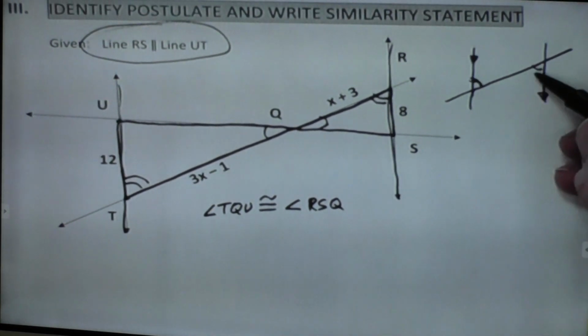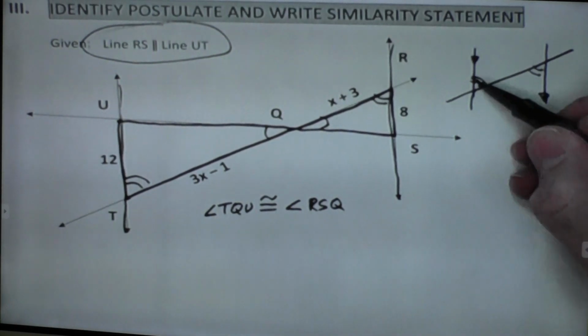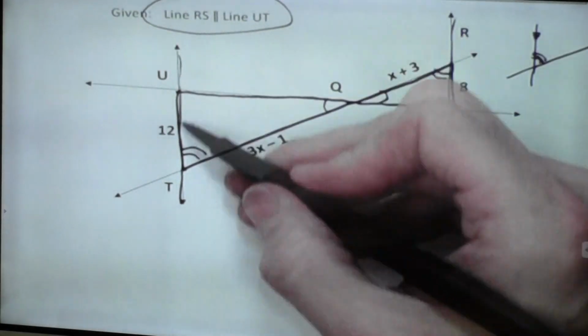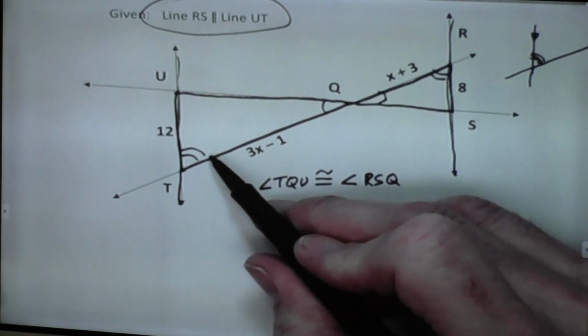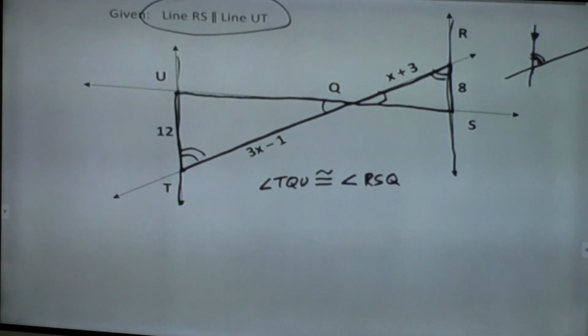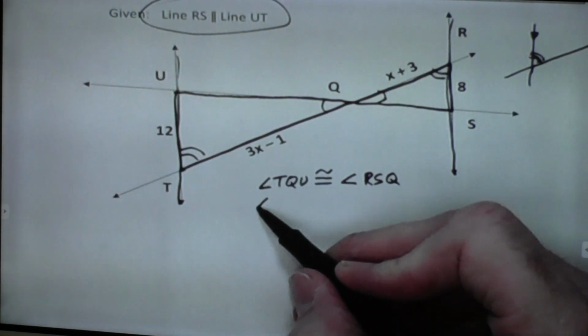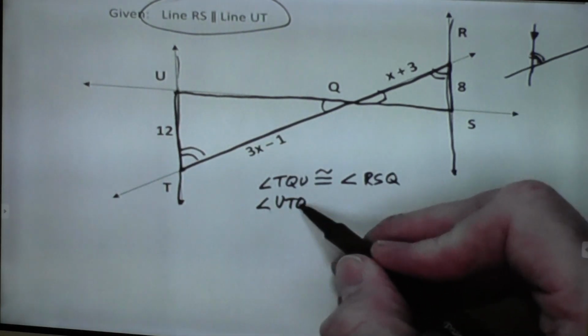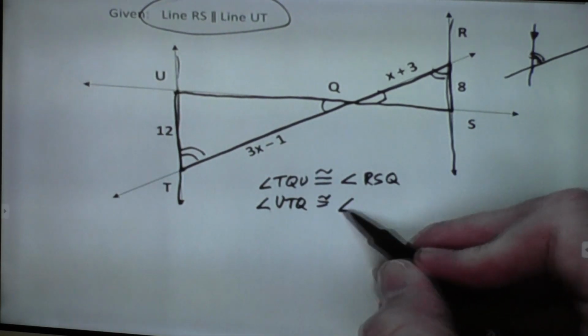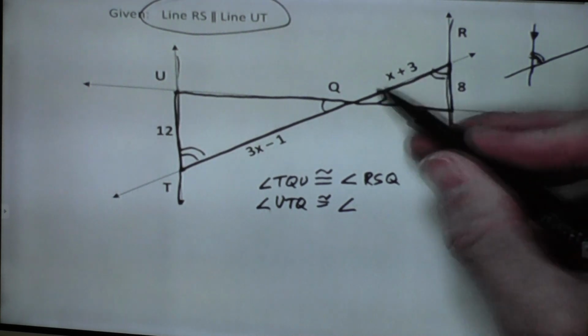I'll put a double arc up here to match that, since we already had a single arc used. So if these two are parallel, then these two angles are definitely congruent because of the alternate interior angles theorem. So I can now say that angle UTQ is congruent to angle SRQ.